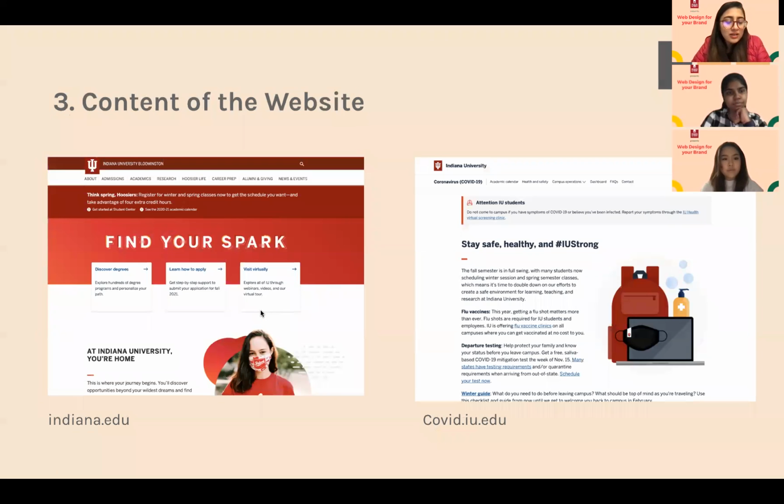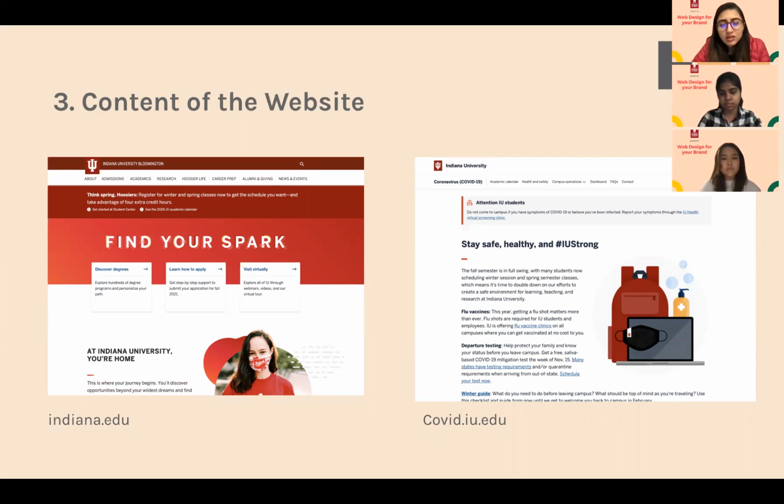The third thing kind of ties back to the purpose, but it is the content of the website. So here again, we've taken two websites of Indiana University. The left one is the landing page of IU Bloomington's website. The content here is very specific to finding what degrees are available, what courses you can take, how you can apply for them, and a little bit about IU Bloomington's campus.